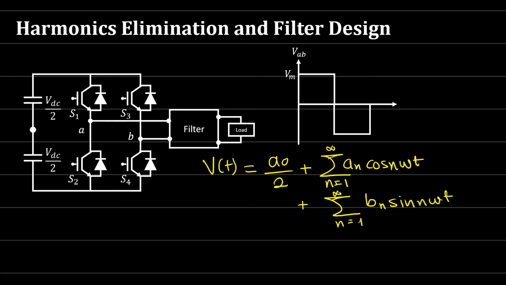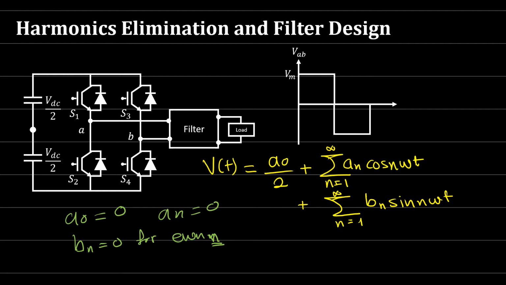And last time we said that A naught is equal to 0, right? An is equal to 0 for a square wave like this, and Bn is equal to 0 for even harmonics. Finally, we have only one value for Bn when the values are odd.